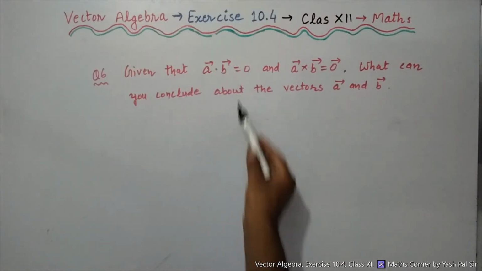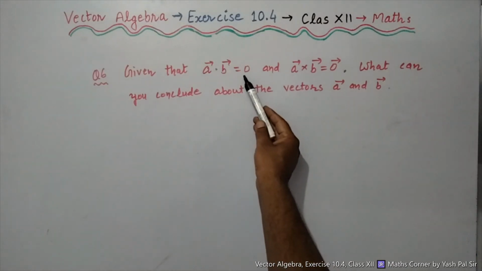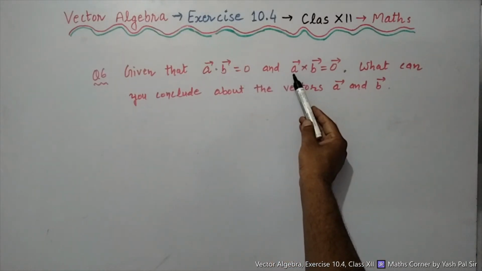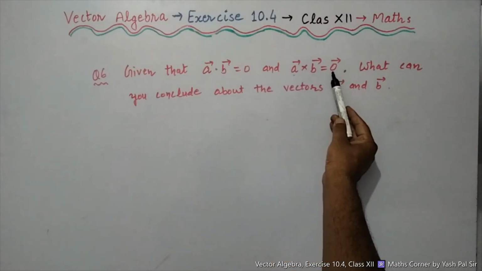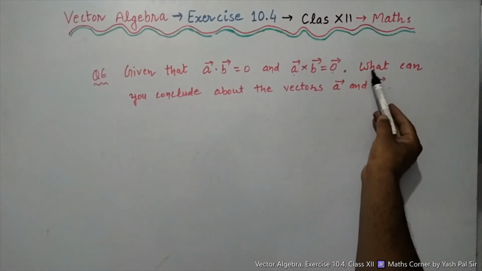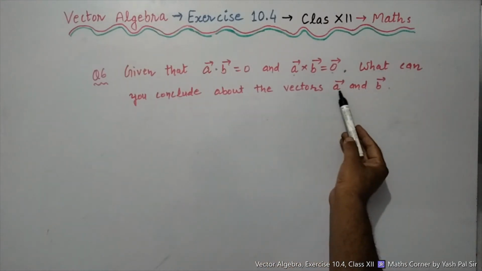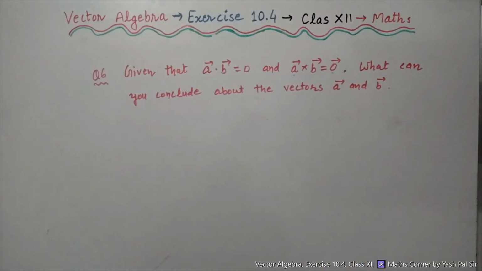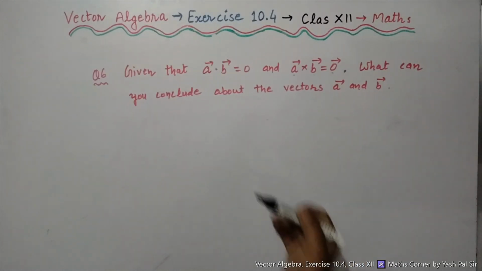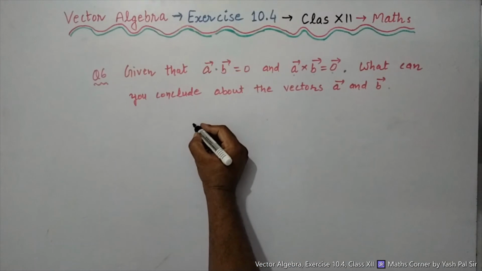Question number 6. Given that the dot product of vector A and vector B is equal to the scalar quantity 0, and the cross product A cross B is the vector quantity 0 vector, what can you conclude about vector A and vector B?